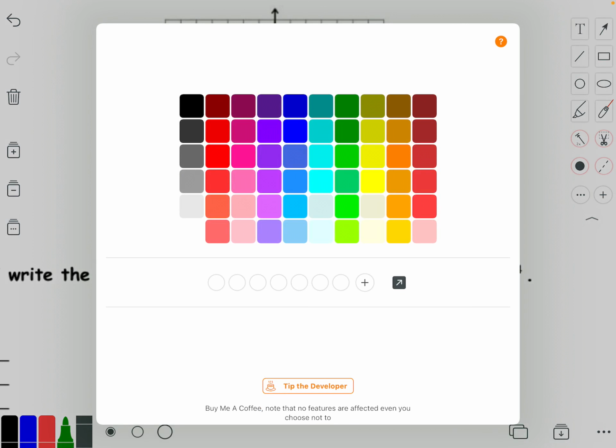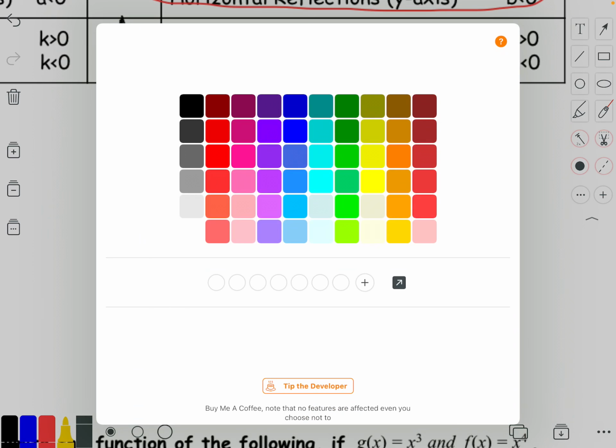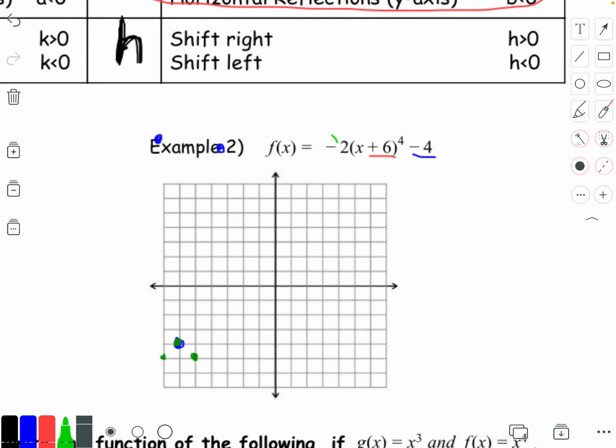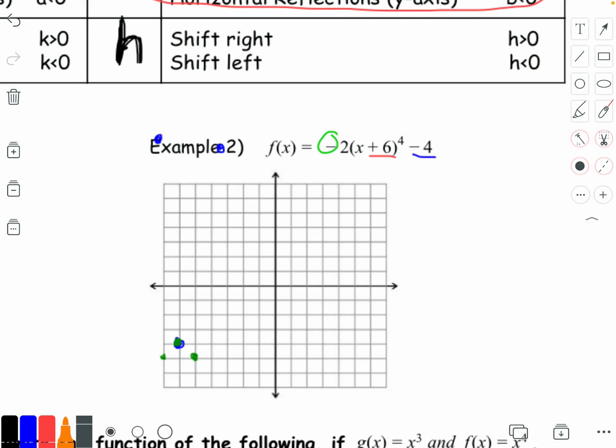But then we also have this, and I should have made the green be that negative because that's how we flipped it. And then we'll make this 2. So what we're going to do is stretch. Remember, that is a vertical stretch.